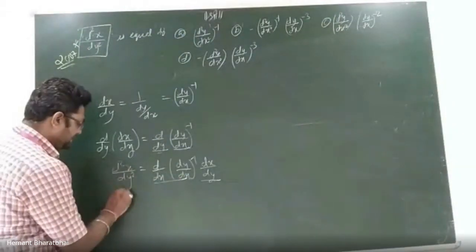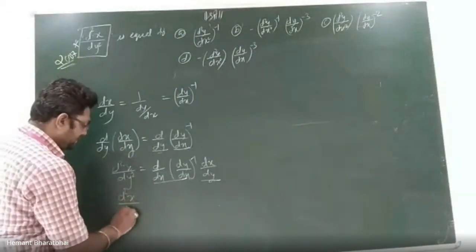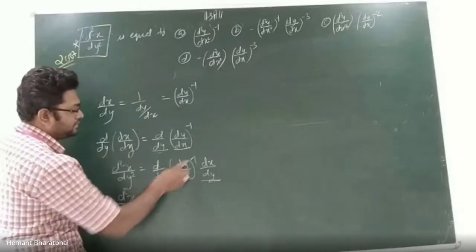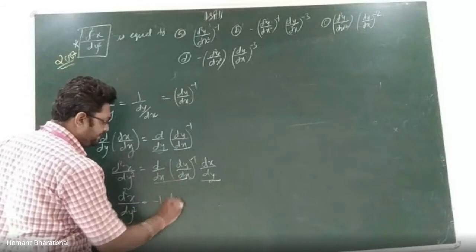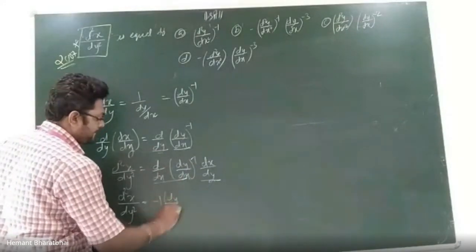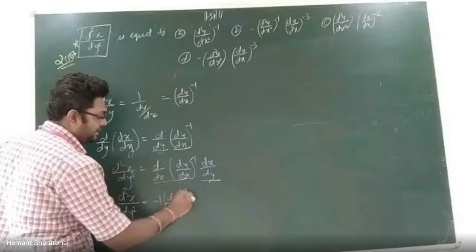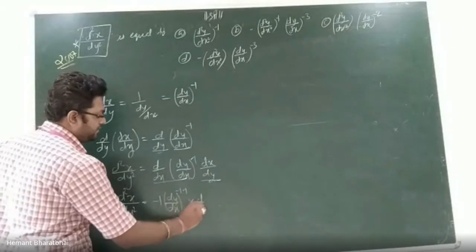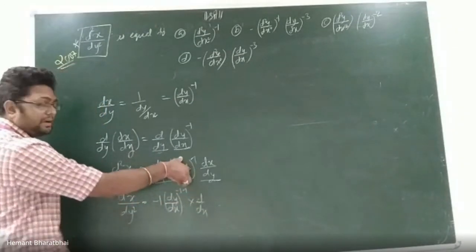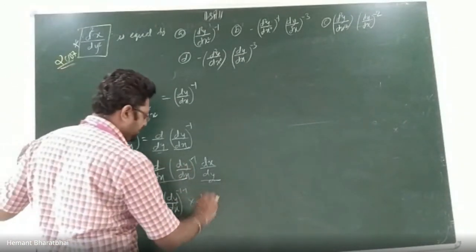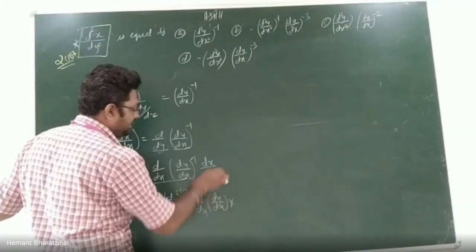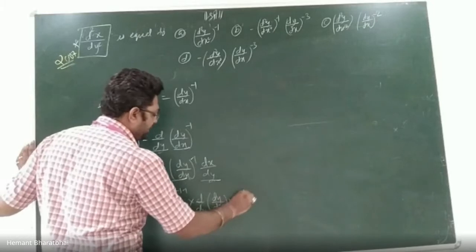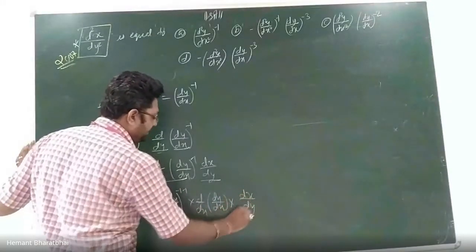So I will get d2x by dy square is equal to minus 1 into dy by dx raised to minus 2. By chain rule, again it is not x, therefore I will have to take derivative of this term, that is d by dx of dy by dx, into this term which is already there, which is dx upon dy.